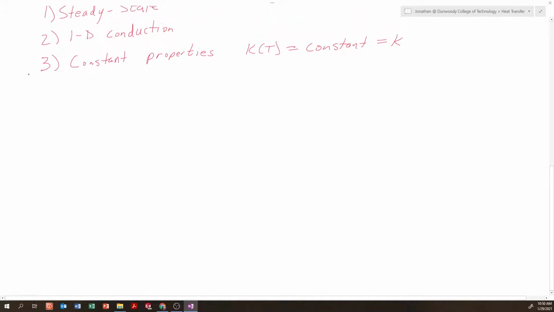So our properties, we're going to look up where we're getting these from. We're going to have aluminum.